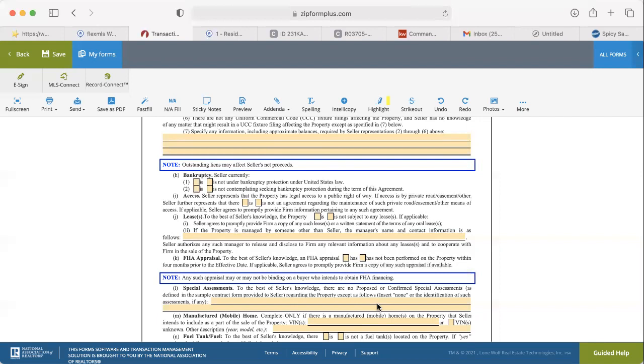If there has been an FHA appraisal, let's say they had it under contract and the buyer was going to get an FHA loan and they did the appraisal, and for whatever reason the deal fell through, then we would need a copy of that appraisal, or at least know who the lender was, so that if another buyer came along that was getting an FHA loan, we could assign that FHA file to the new buyer.